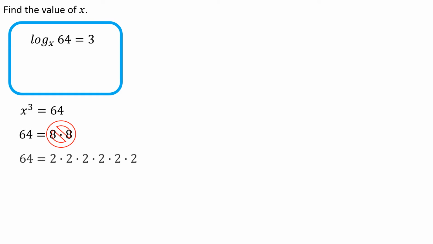Now 64 is also 2 times 2 times 2 times 2 times 2 times 2. If you do much with computer programming, you're probably pretty familiar with base 2, right? Binary functions. That's not going to work because, well, that's 6 equal factors. I need 3 equal factors, so that's not going to do.